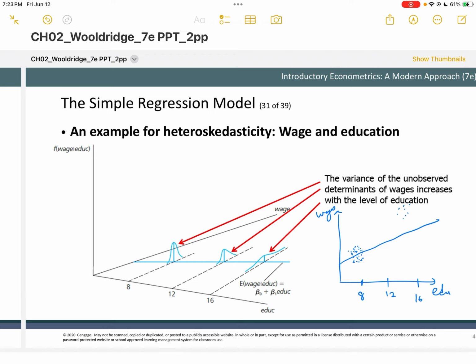But then, at higher levels of education, there is more variation in the wages, such that there is this fanning out of the data points.